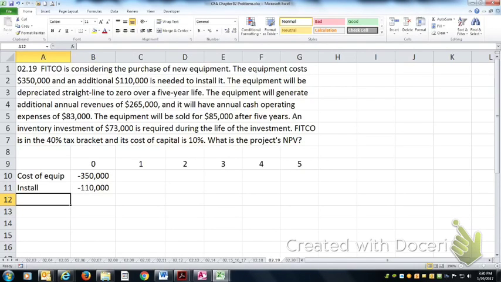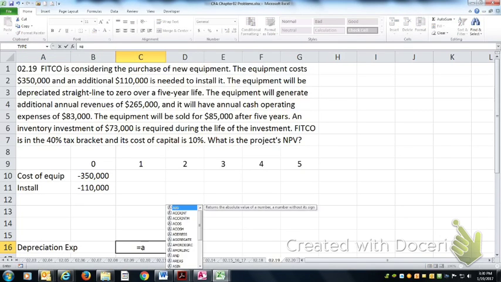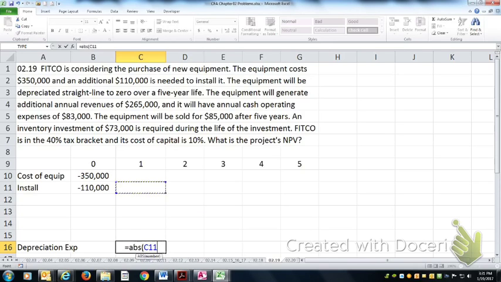It's going to be depreciated over a 5-year life, so the depreciation expenses, I'm going to put those down here. Depreciation expense in year 1 would be the absolute value of the sum of those two numbers, which is $460,000 divided by 5.